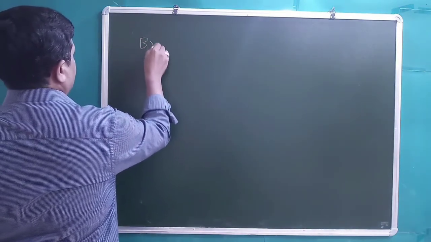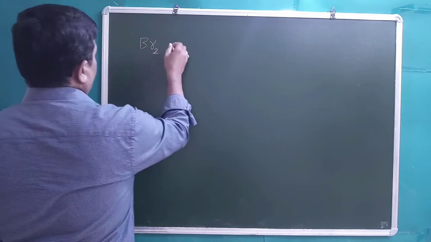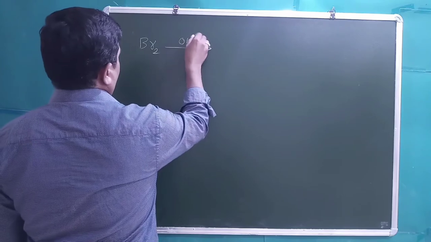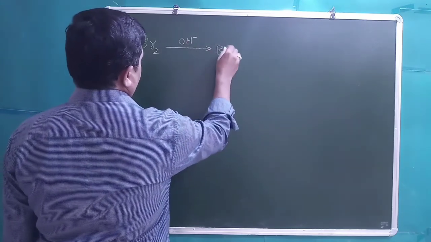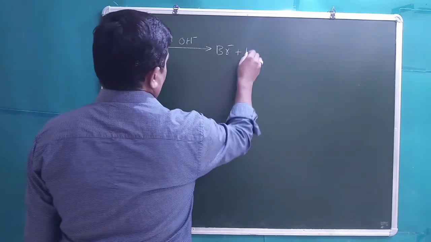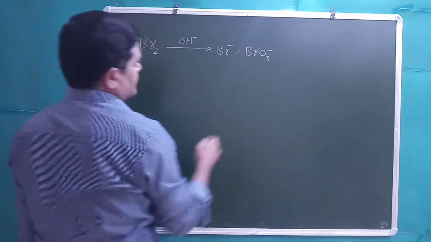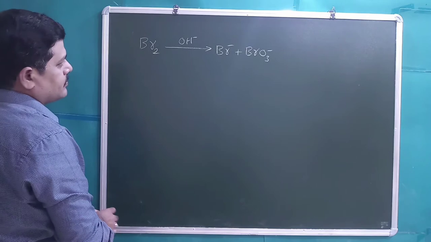Disproportionation redox reaction: Br2 in the alkaline medium is converting into Br- plus BrO3- in the alkaline medium.